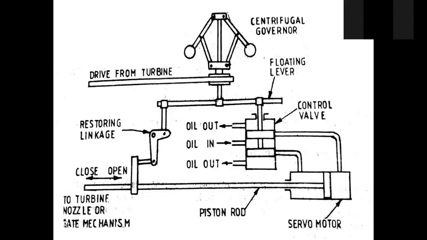We have seen that when load increased, turbine speed had decreased. Now, because of more water striking the turbine, the speed again comes back to the original speed, thereby controlling the frequency.